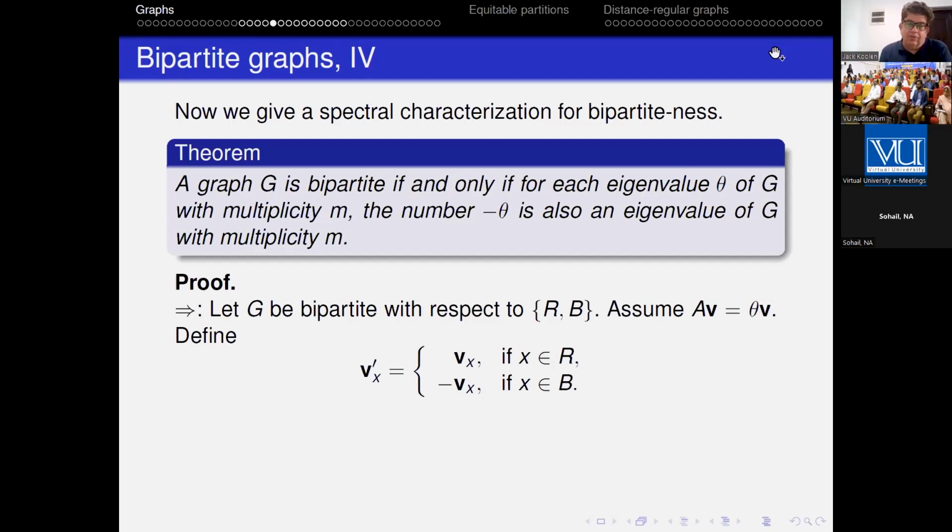And how do you prove this? Let G be bipartite with respect to the red and the blue vertices. Assume Av equals theta v. Then you define a new vector v' whose x entry is the x entry of v if x is a red vertex, or minus v of x if x is a blue vertex.